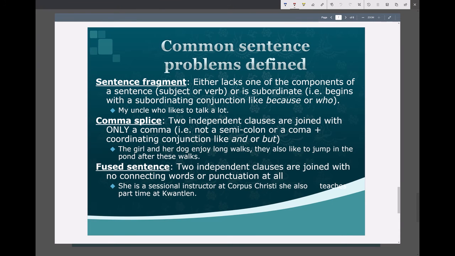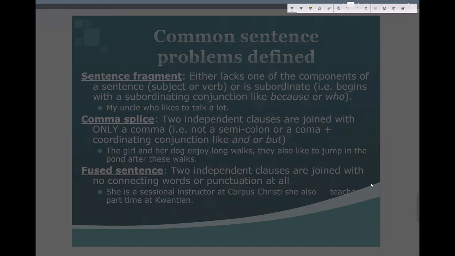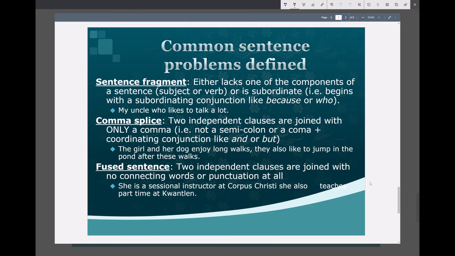So here's the sentence. The girl and her dog enjoys long walks. Clause 1, comma, and only a comma. They also like to jump in the pond after these walks. Clause 2. So we have the girl and her dog, that's a compound subject.